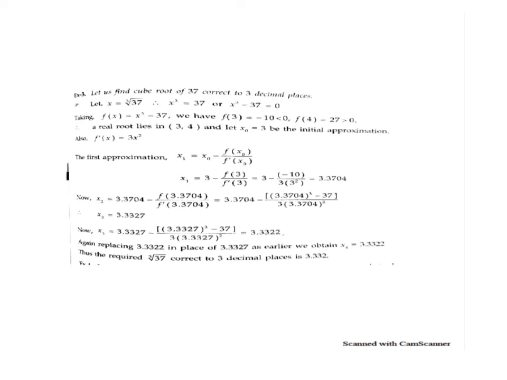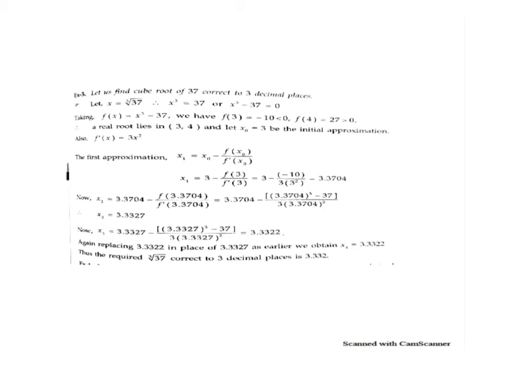We also have to find the derivative of the function. So f of x is x cube minus 37. Therefore, f dash of x, the derivative of x cube, is 3x square, and the derivative of a constant is 0. Therefore, f dash of x is 3x square. Now, with this data, we go for the first approximation, which is given by x1 equals x naught minus f of x naught divided by f dash of x naught.